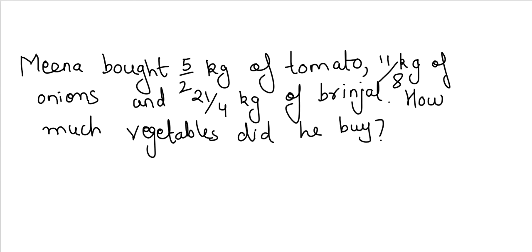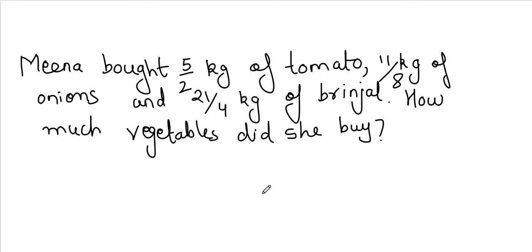So we'll do one word problem. Meena bought 5 upon 2 kg of tomato, 11 upon 8 kg of onions, and 21 upon 4 kg of brinjal. How much vegetables did she buy?